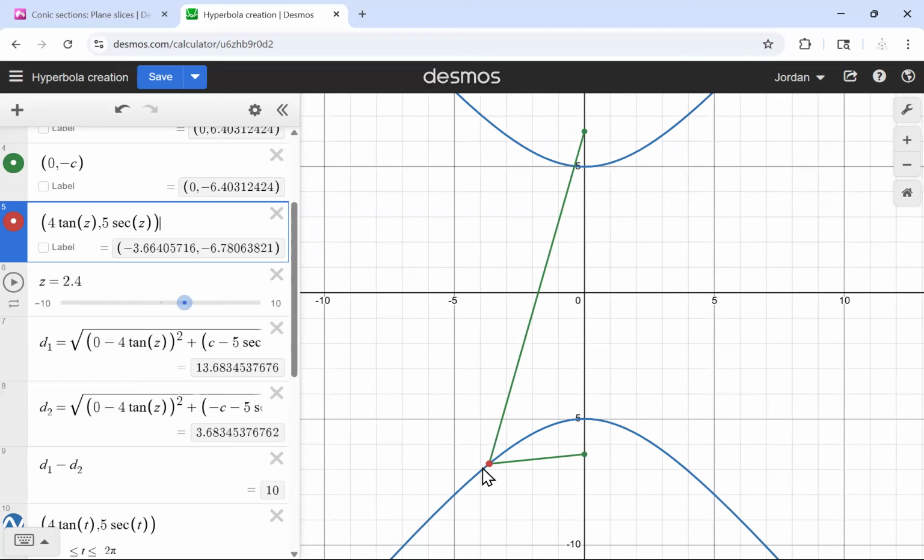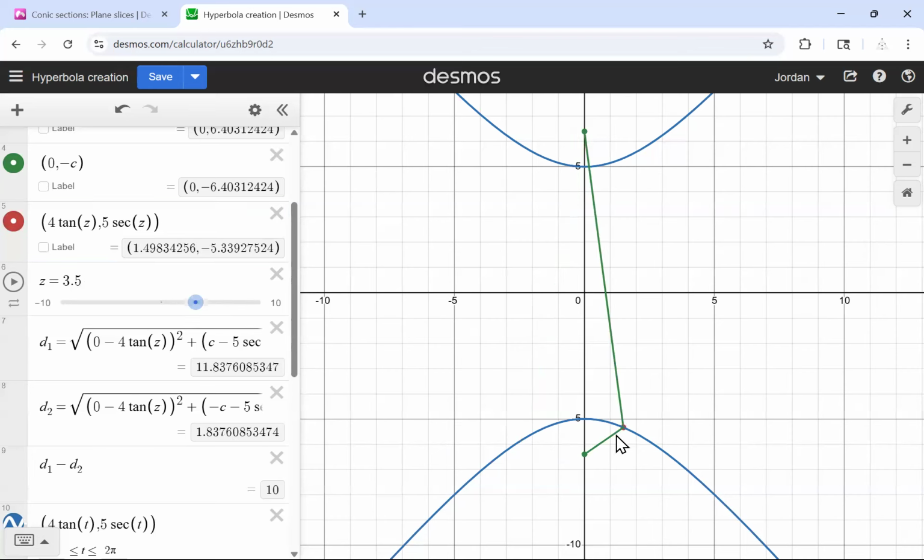In my case, this particular point has the first distance being 13.68 and the second distance being 3.68. So subtract them, you get 10.